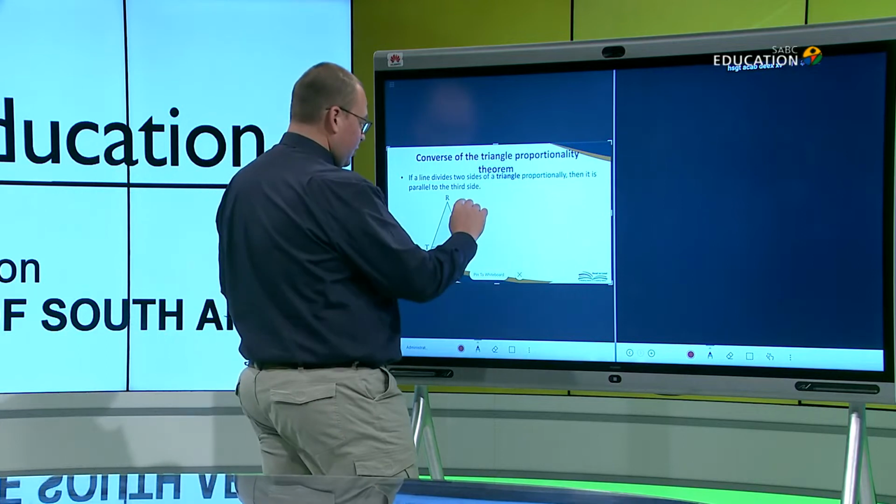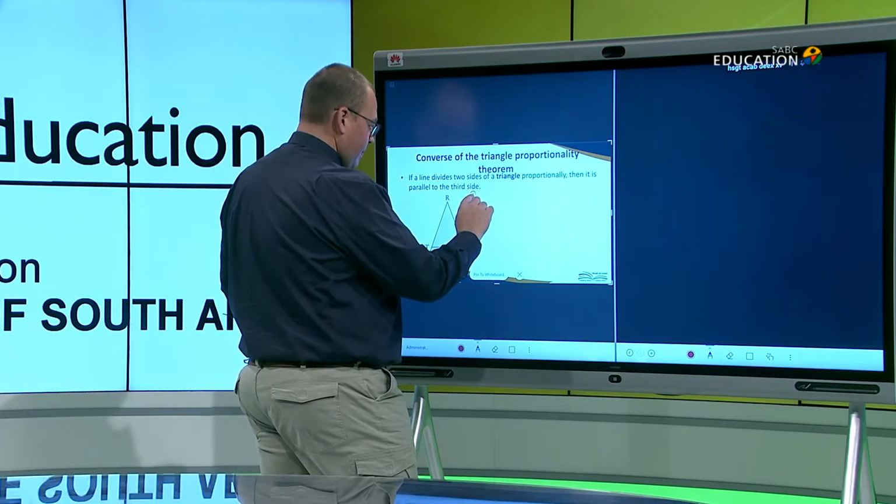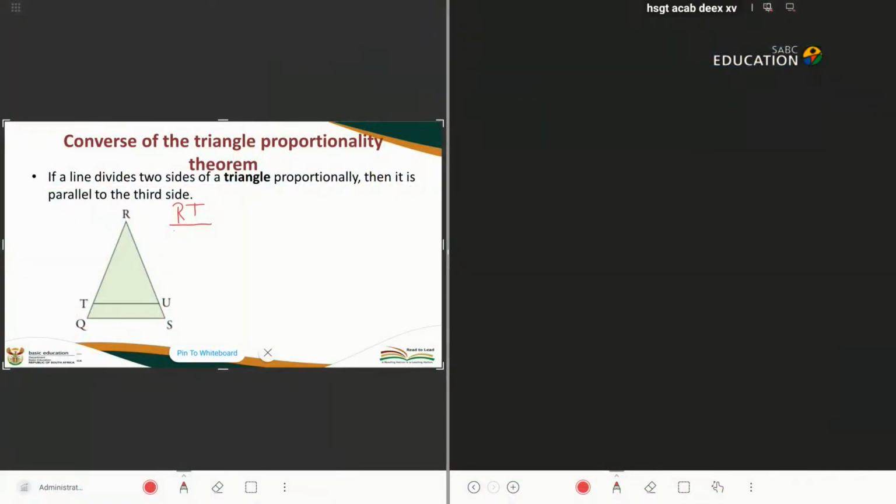I have that RT divided by TQ will be equal to RU divided by US. This will be the part that is given. How do I know that? Because it says that the line divides two sides of a triangle proportionally.